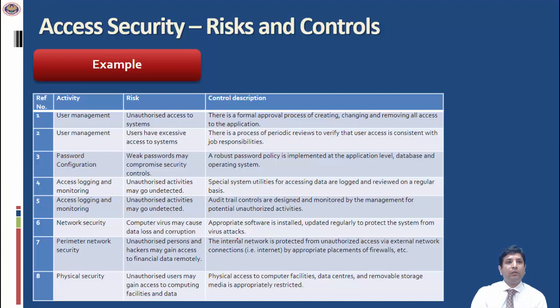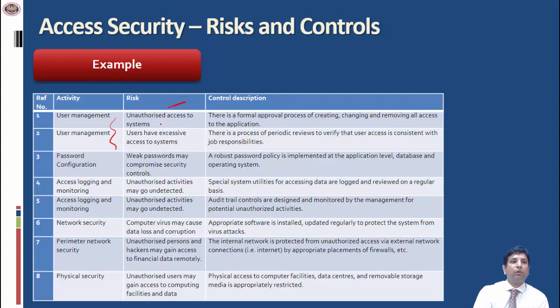Here we see an example of risks at various activity layers of the access security. As we have discussed, user management, password, access logging, and so on. These are the various activities which are present in the access security domain. Now let us look at the risk at each of those activities. What can be some risks?